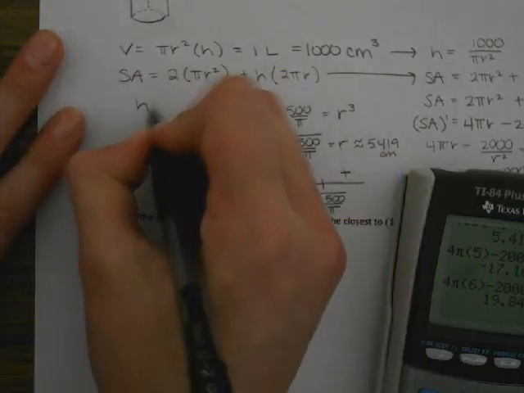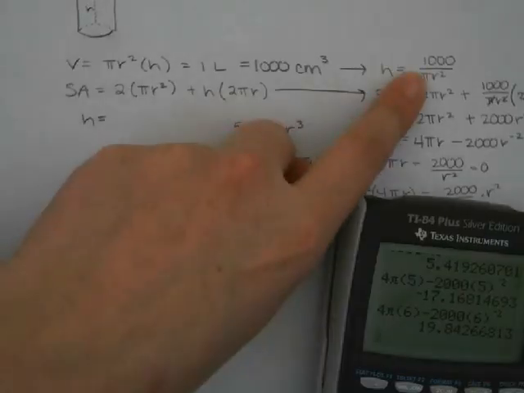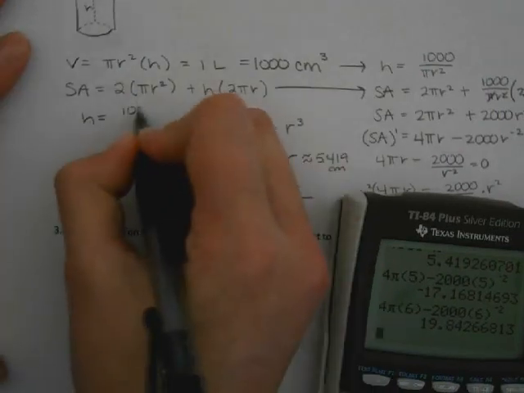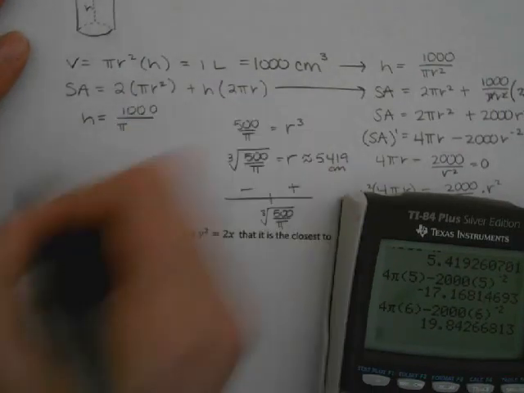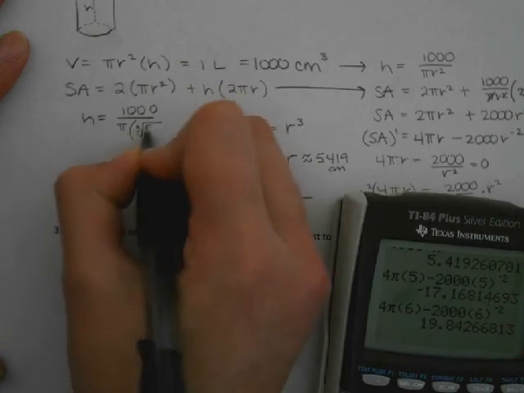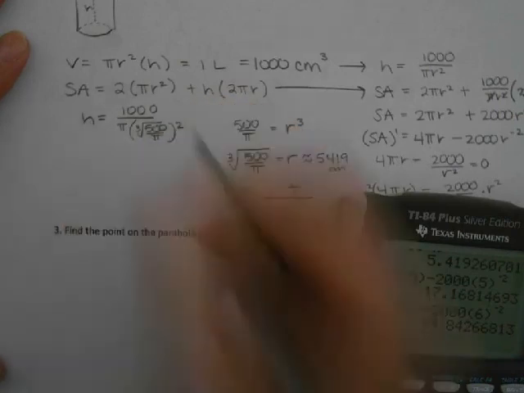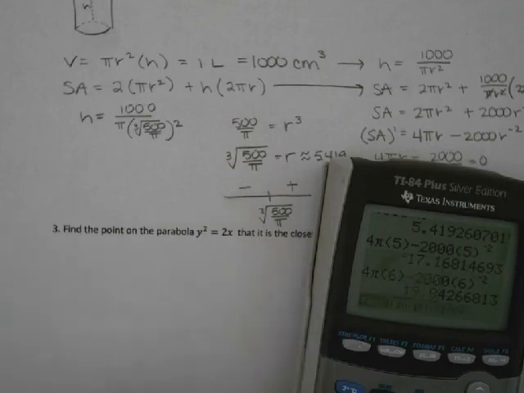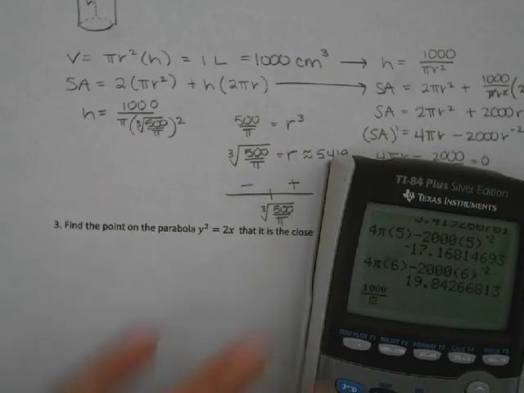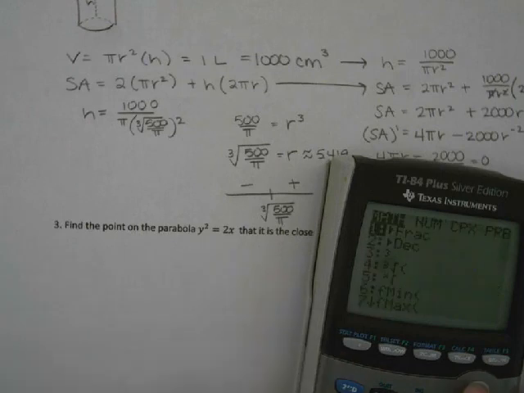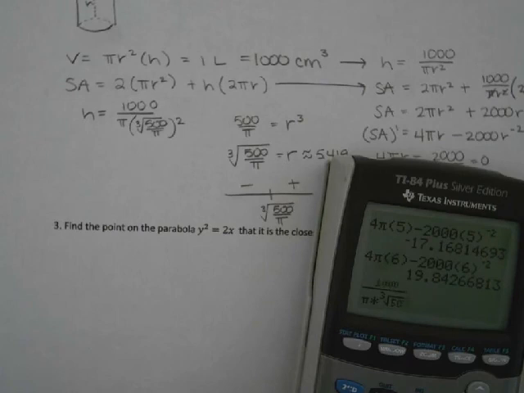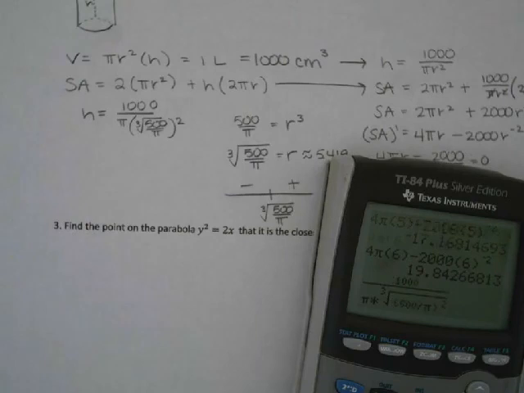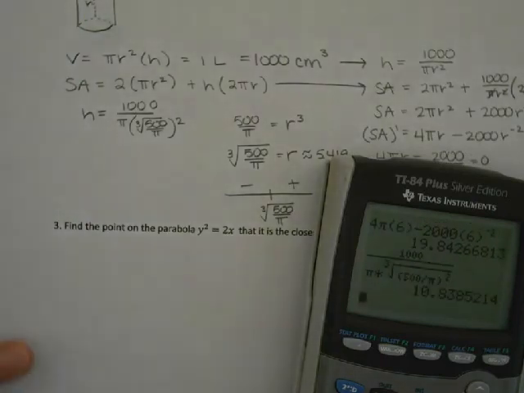And so we know that height was equal to 1,000 divided by pi r squared. 1,000 divided by pi times third root of 500 over pi squared, and that gives me 10.839.